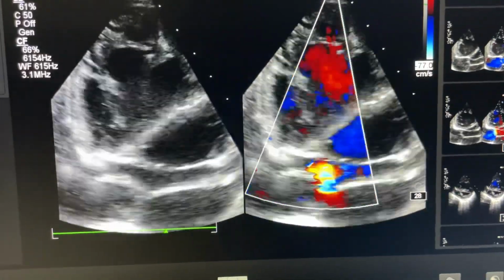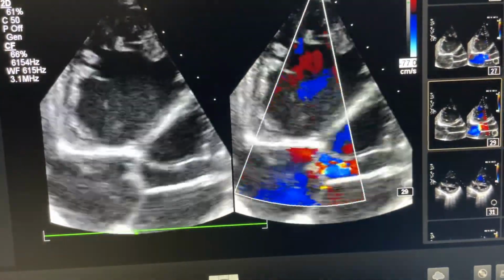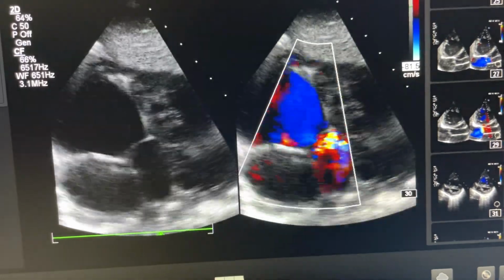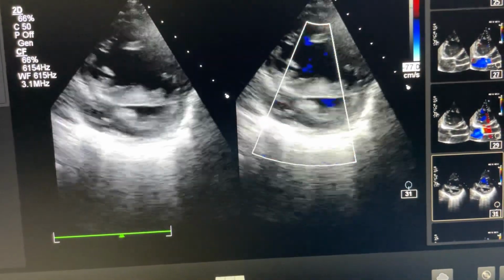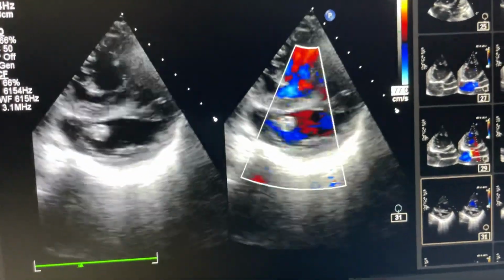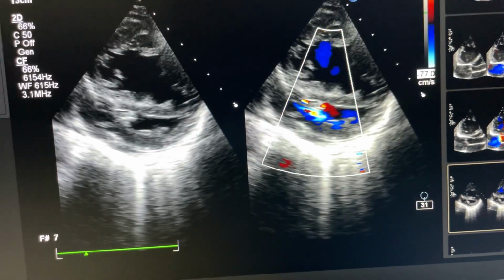Again you see the very much obstructed flow. You see the left ventricle is D-shaped, and you can also see how much size is there.